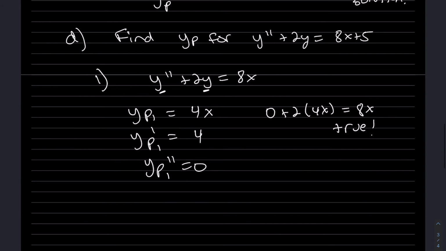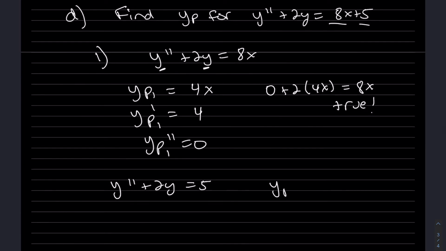And then now the second one. The second particular solution looks like 5/2. We get 0 and we get 0 again.